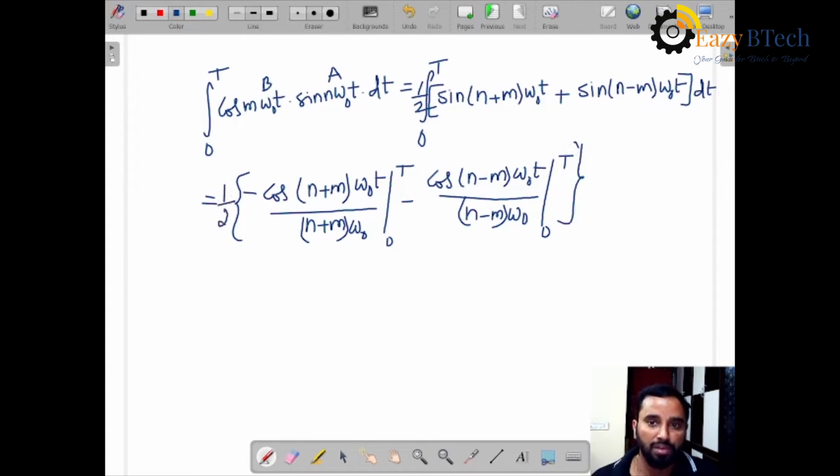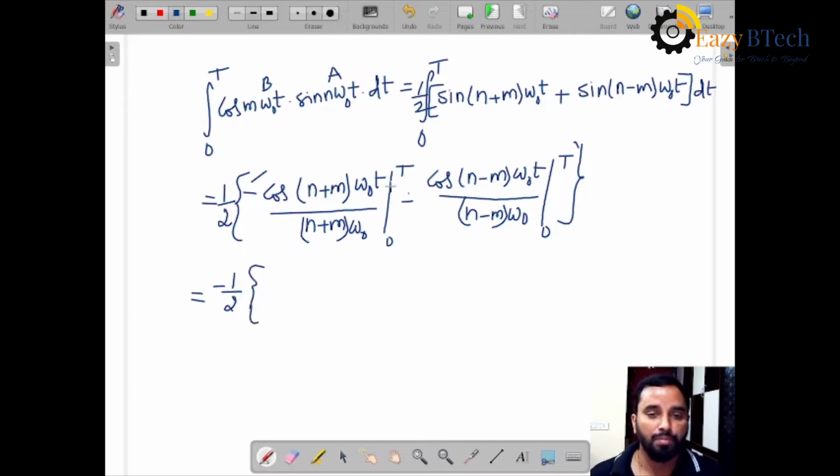This is totally multiplied by 1 by 2, so 1 by 2 as it is. Now we know the relation, so we go for substitution of limits, upper and lower limits, and then we use the relation. Here the minus sign, we can write outside, so minus 1 by 2.